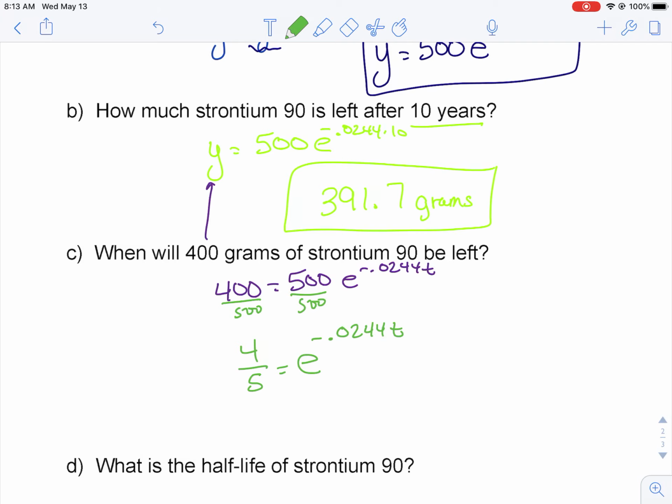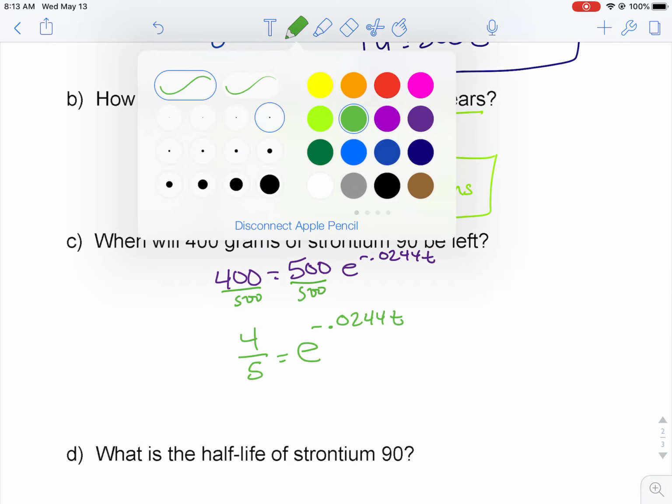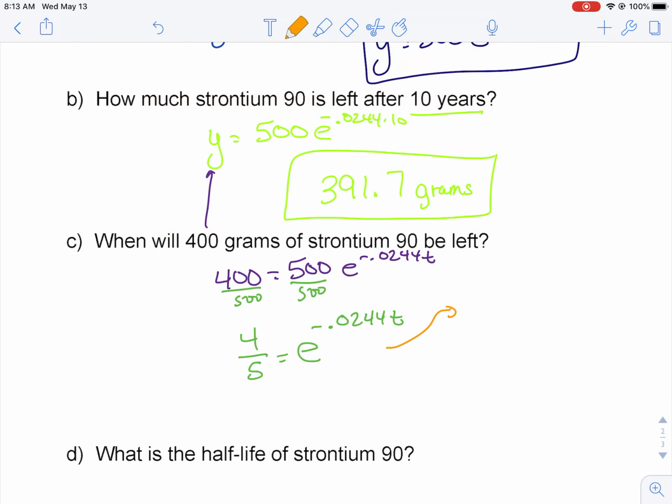It is a nice decimal though. So I get e to the negative 0.0244t. Switch it to log form. So it's log base e of 4/5 equals negative 0.0244t. Remember, log base e is just ln.